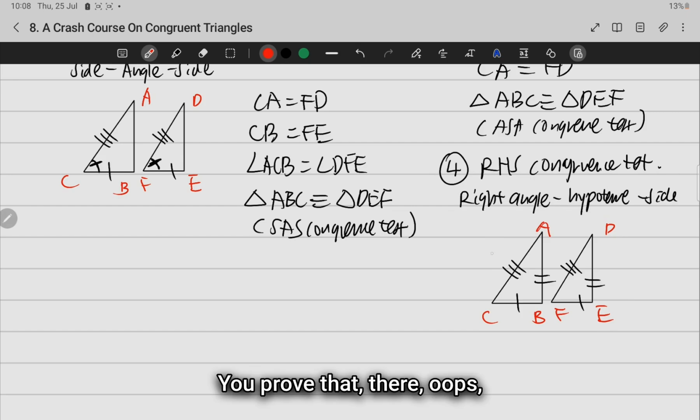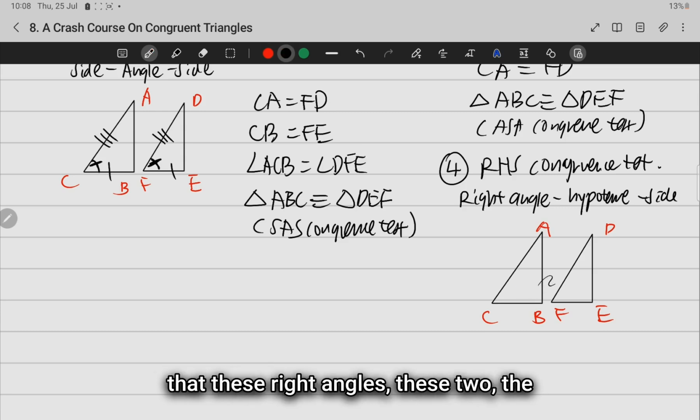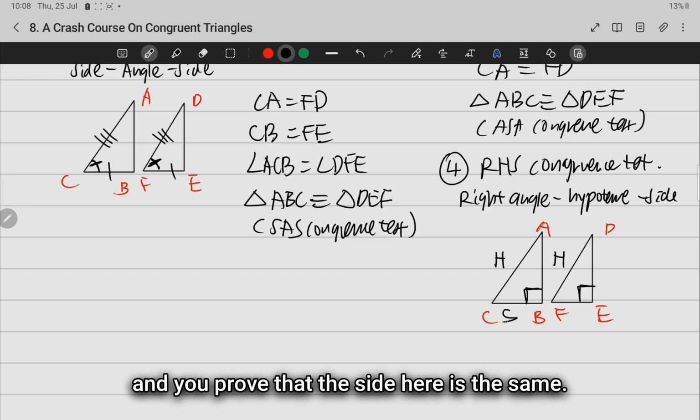What you do is that you prove that the corresponding right angles are equal. You prove that the hypotenuse is the same, and you prove that the side here is the same.